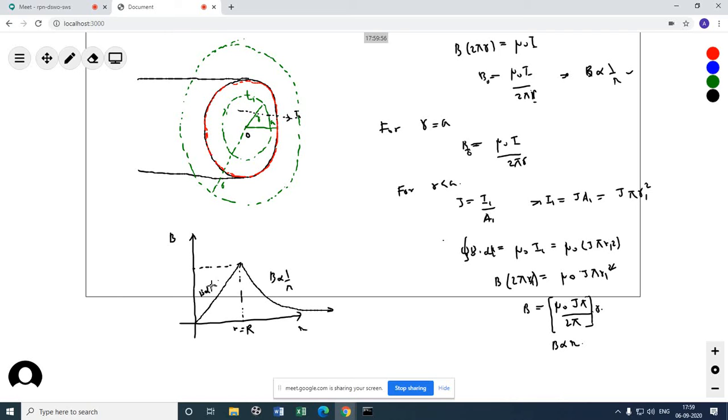I am slightly confused between the toroid that we just did. In the toroid, there are coils, and within the coil the magnetic field exists. Yes, sir. This is just a wire. This is within the wire, within this solid. Achha. Yes, sir. Okay. This is a very interesting question.